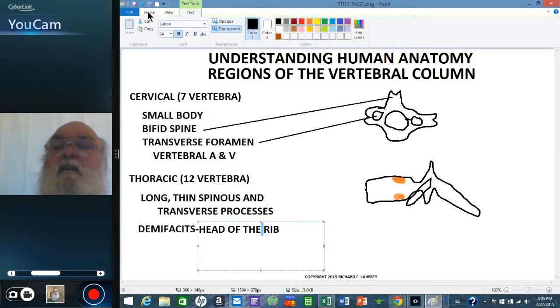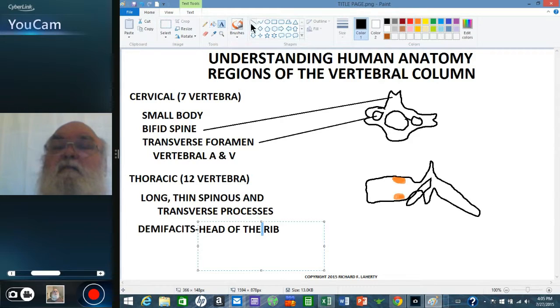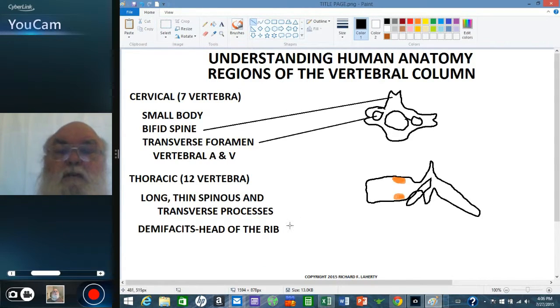And we can point to the demi-facets with lines, like so.